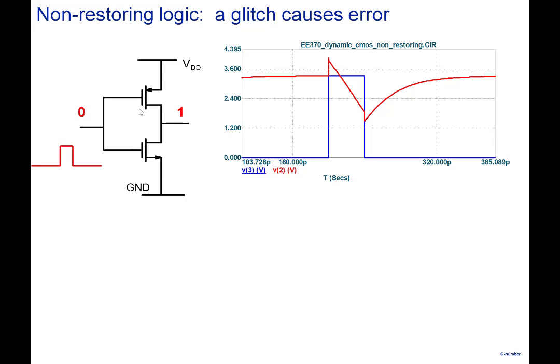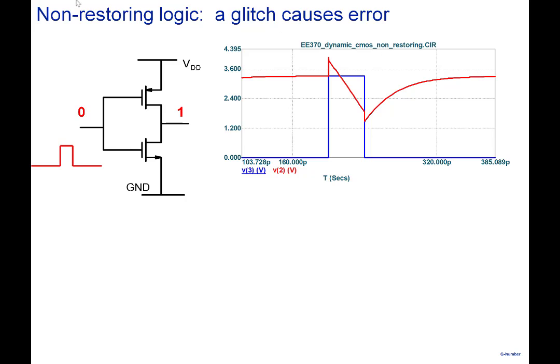The output, which is supposed to be 1, falls when you apply the glitch, because you've created a 1 here, so the output starts to discharge toward 0. But the glitch is very short, so it doesn't completely discharge to 0. But note that the moment the glitch disappears and the input returns to 0, the output again charges back to the normal value.